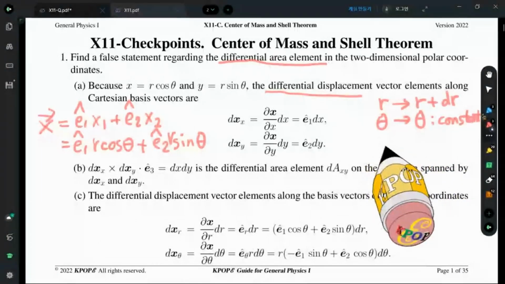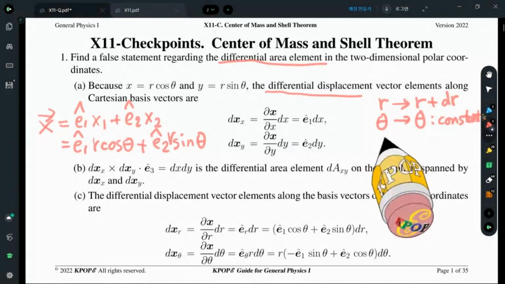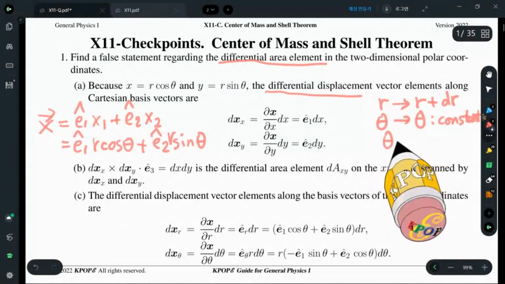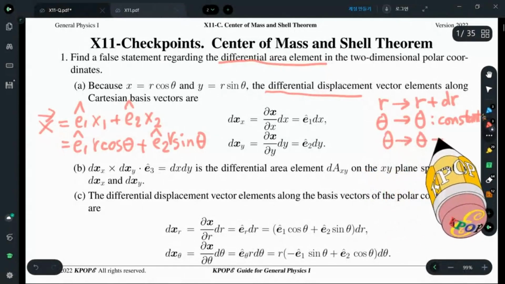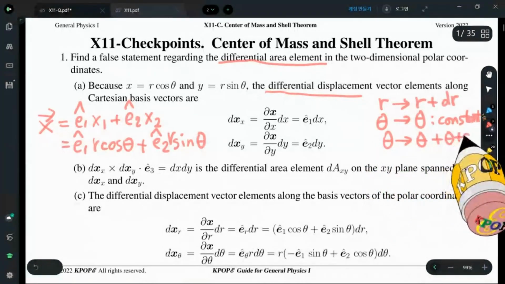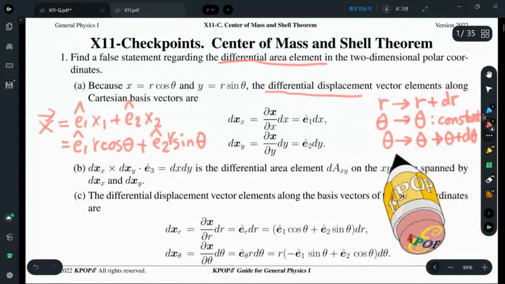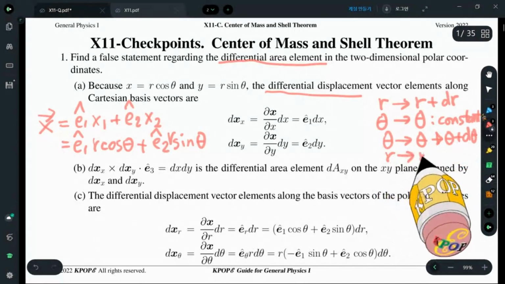And if I want to find the displacement along the direction of theta, then we change theta to theta plus d theta and keep the radius the same.